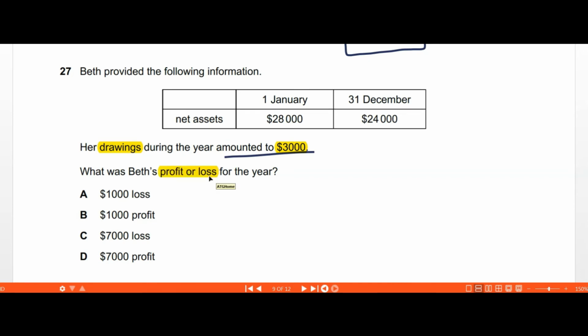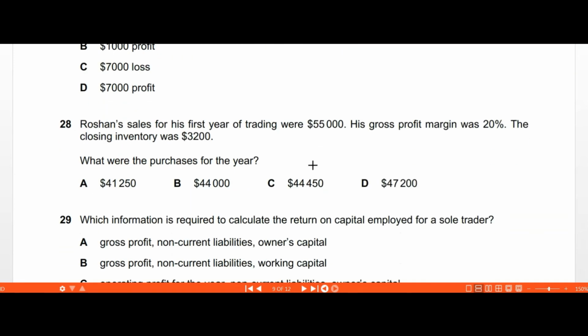Now this is pretty simple. So 28,000 has now reduced to 24,000, where the drawings were 3,000. So we know that this was a loss of 1,000 only, because that's the only way this 28 can be reduced to 24.